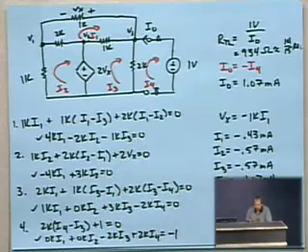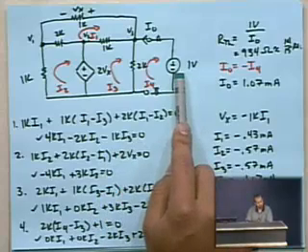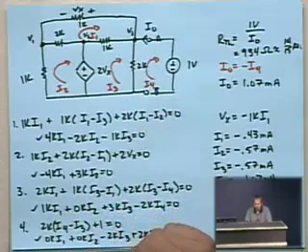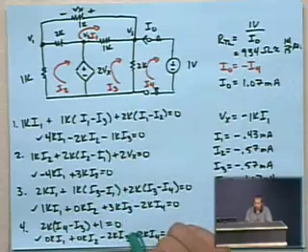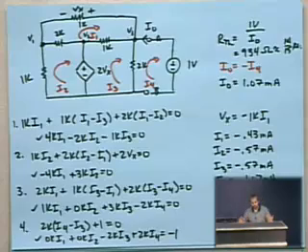And the key thing was that we hooked up this 1 volt source, we solved for the current flowing through the source. The ratio of those two gives us our Thevenin resistance. And again, the Thevenin resistance is the sum total of the Thevenin equivalent for this particular circuit.